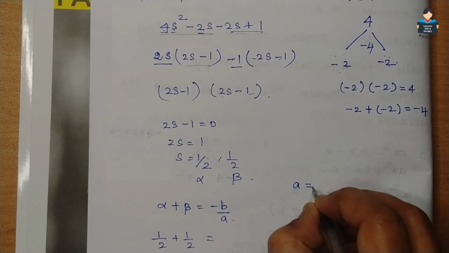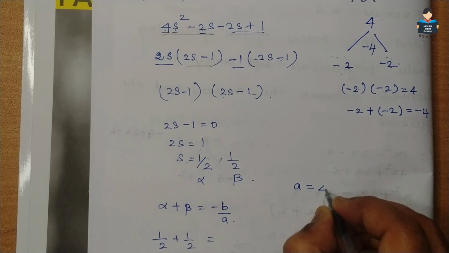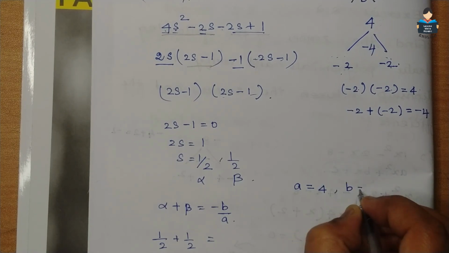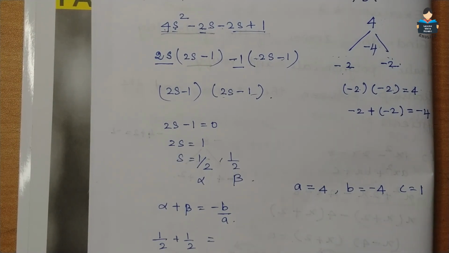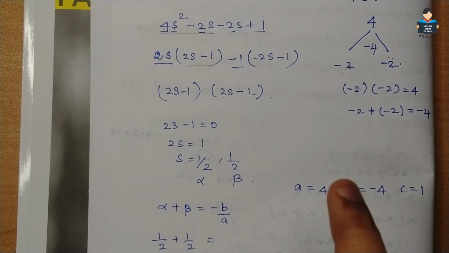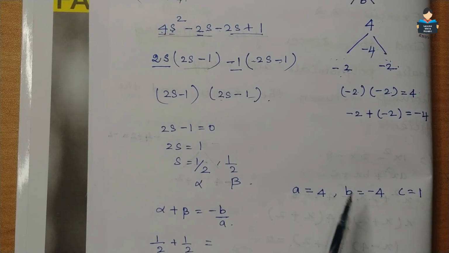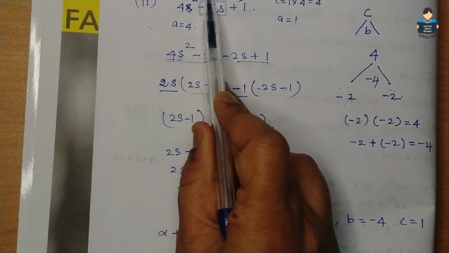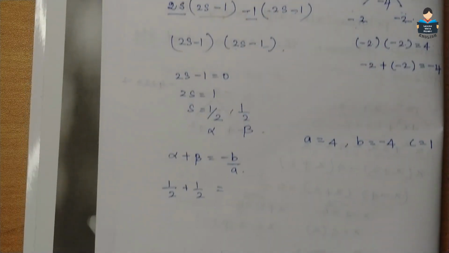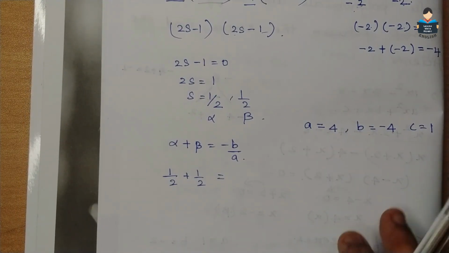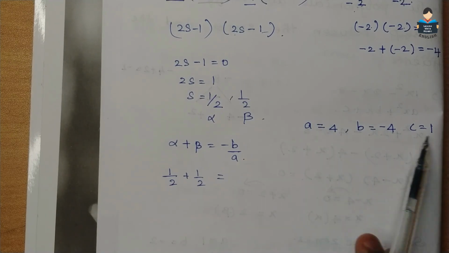That is a equal to 4, b equal to minus 4 and c is equal to 1. Only during the splitting the middle term we multiply this a value with c and write it here. For other steps we have to use the same equation. We should not change the value of a, b, c.